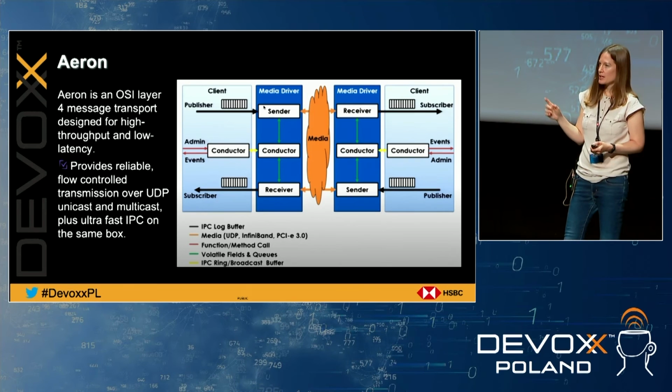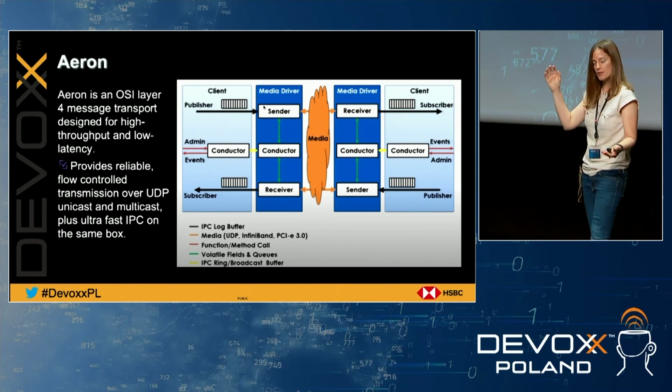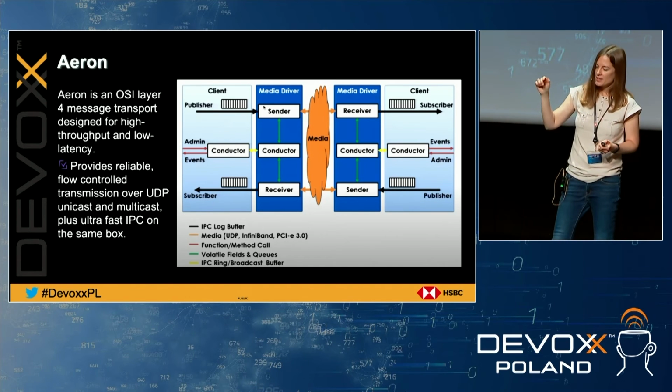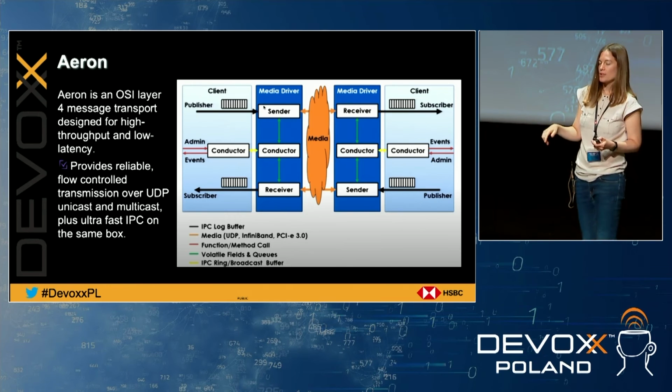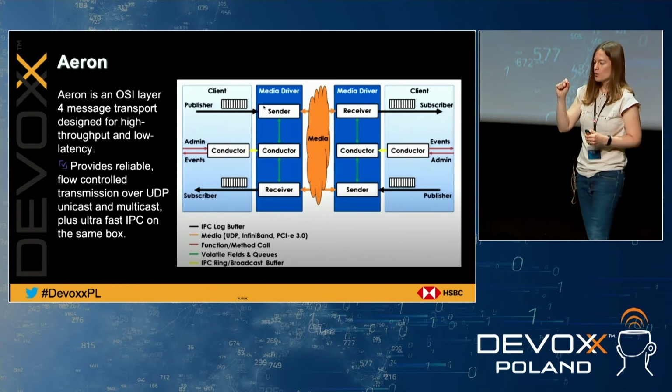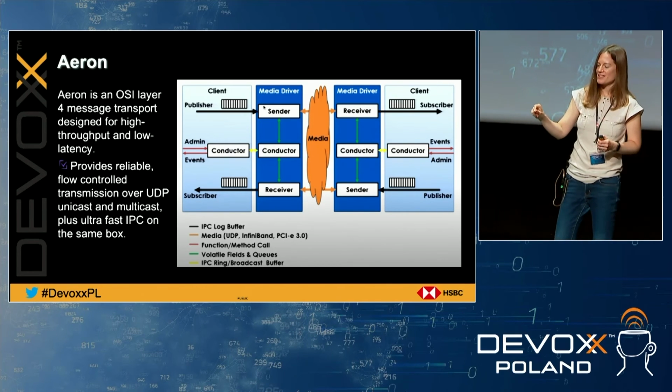Aeron uses dedicated log buffers, so large shared sections of memory. And it's super fast because the sender, conductor, and receiver can be three different threads. If you're wondering what that conductor is, it's for all the kinds of events that don't happen very often.